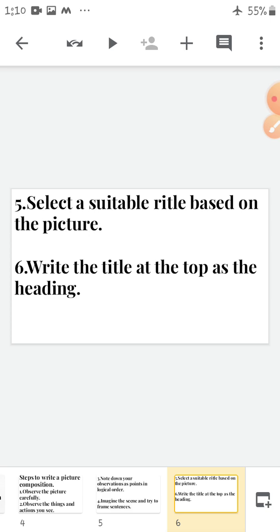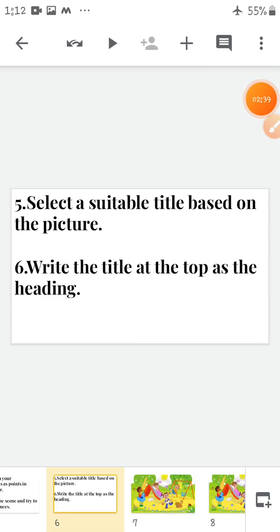Then select a suitable title for the picture. Write the title at the top as the heading. Whatever title you choose, you have to write that topic at the top.